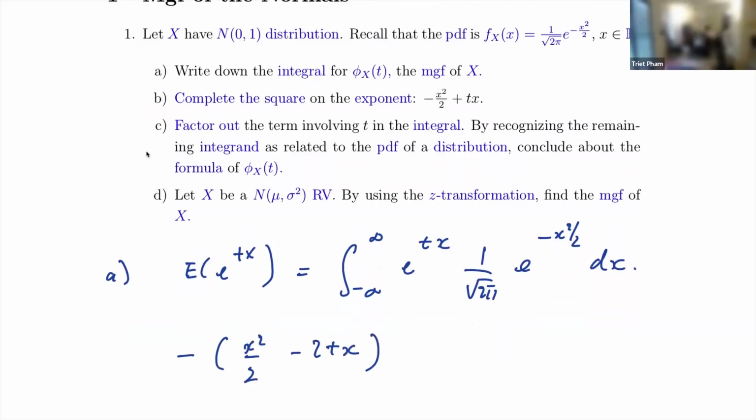So what do we need to complete the square here? Sorry, actually, I mean minus 1/2. What do we need?